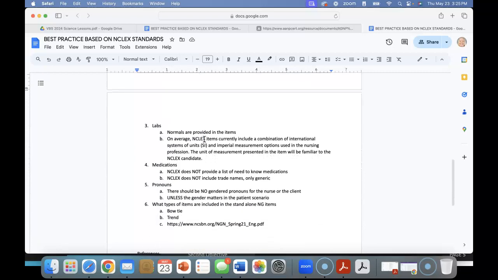Using generic brand names for medications as opposed to name brands, things like that.